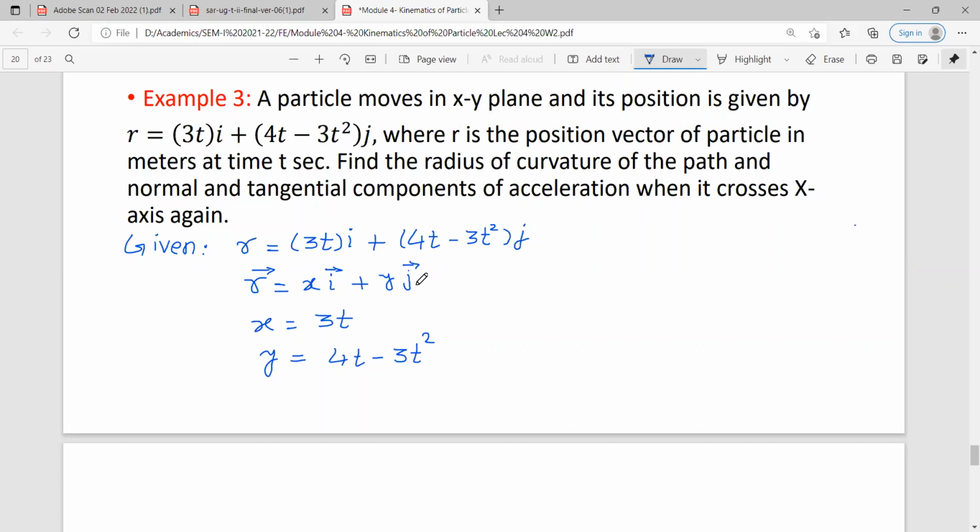So if you make a comparison of these two equations, you can write the equation for the x and y coordinates like this.